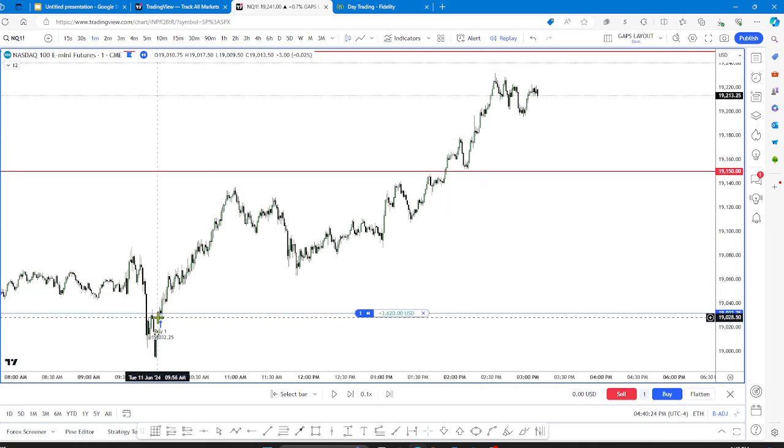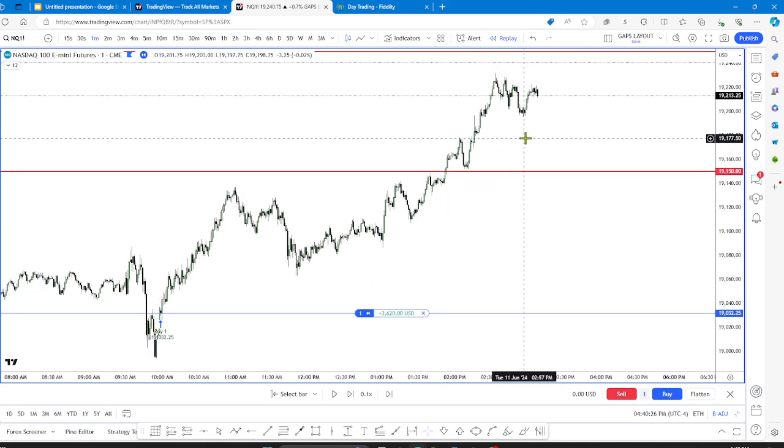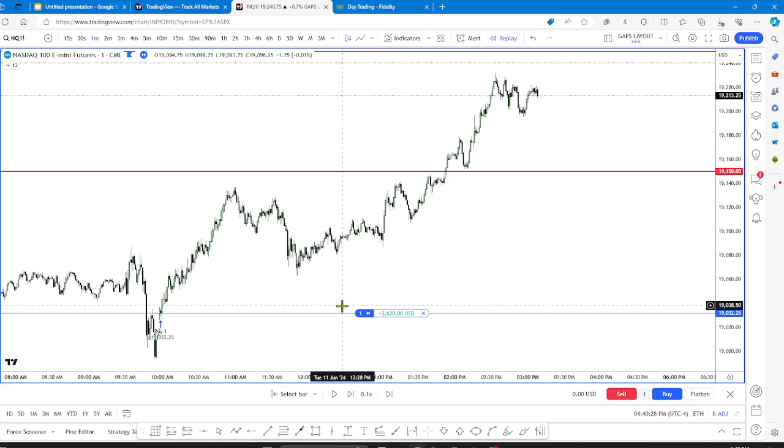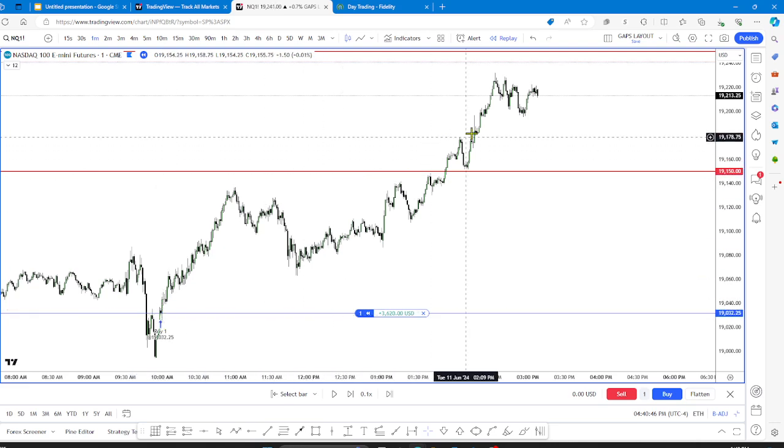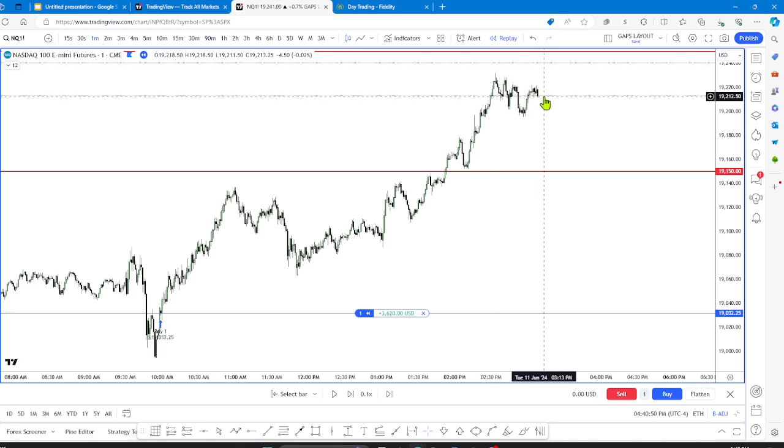Right? So you bought in the morning and it's now 3 in the afternoon and you sell it, you're making off of one contract $3,620 US dollars. Okay? Because the price went from around $19,030 per share all the way up to 19,212, just about, right?